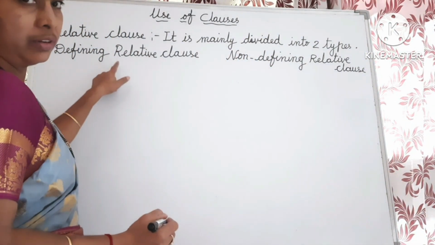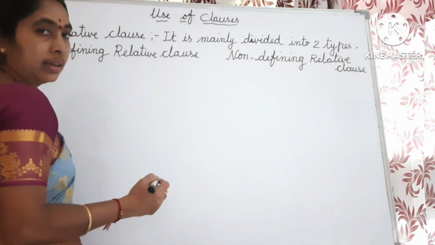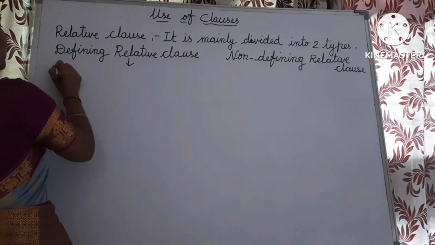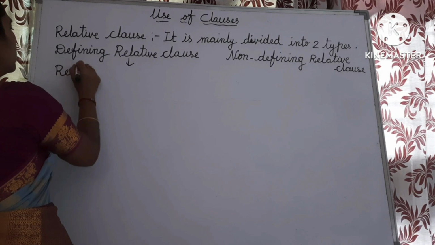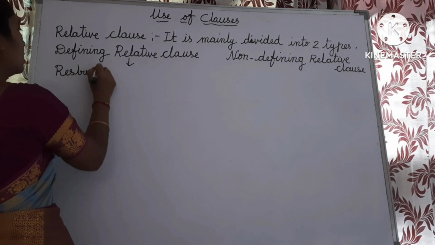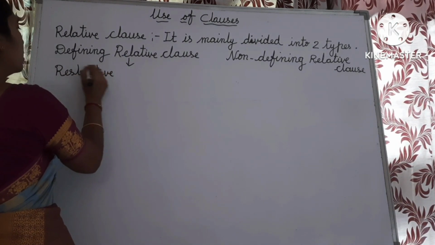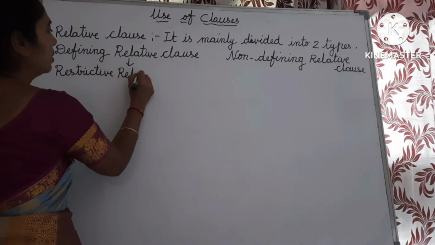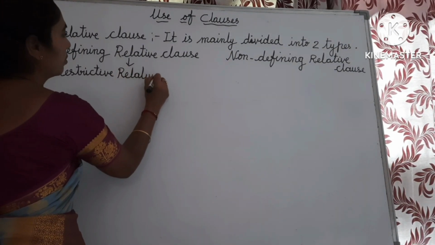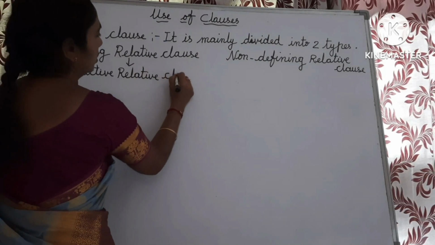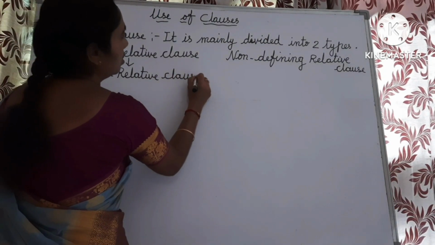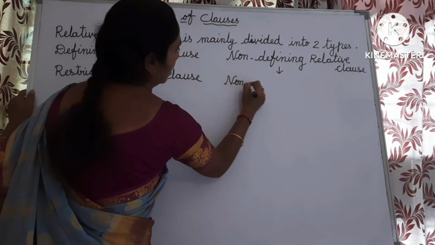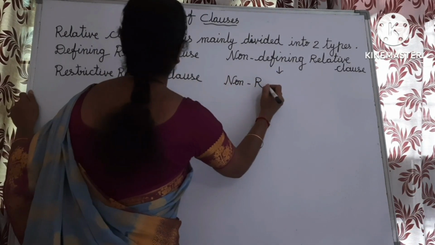Another name of defining relative clause is restrictive relative clause. And non-defining is non-restrictive relative clause.